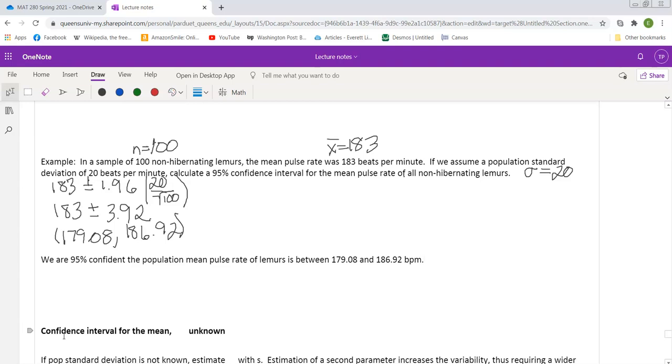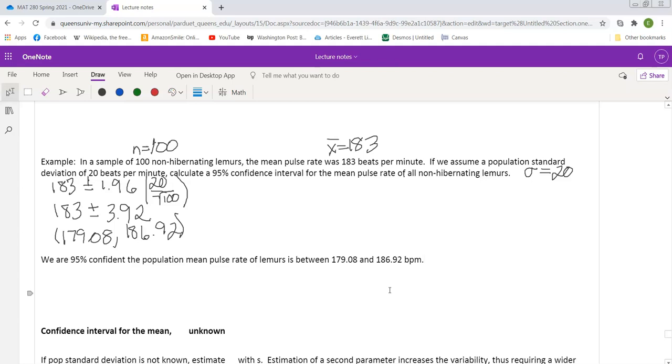So let me say just a thing or two about the interpretations. You have to be careful with them. A couple things to look out for. You can't leave off the 95% confident part of it. If you just say the population mean rate of lemurs is between these two values, you're stating something as a certainty that we don't have as a certainty.